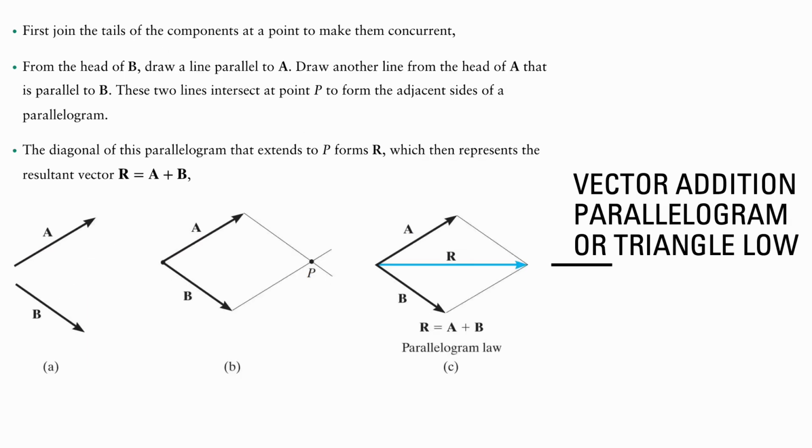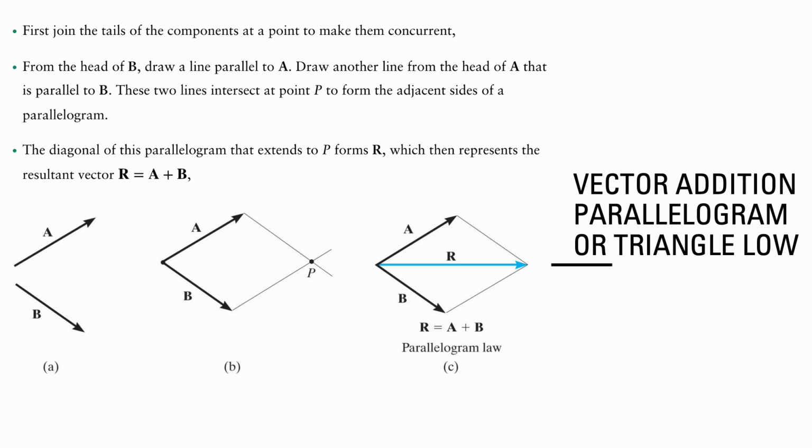So if we have two vectors, for instance vector A and vector B, which are given in figure A, and we need to find the resultant of the two, what will we do first? Firstly, we need to join the tails of the components at a point to make them concurrent.